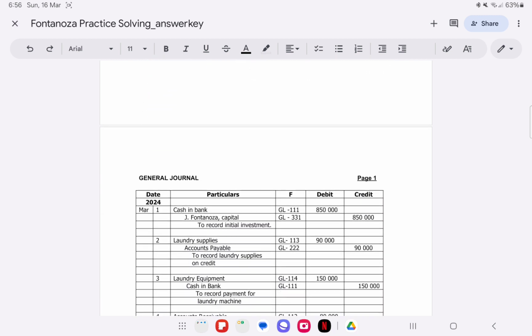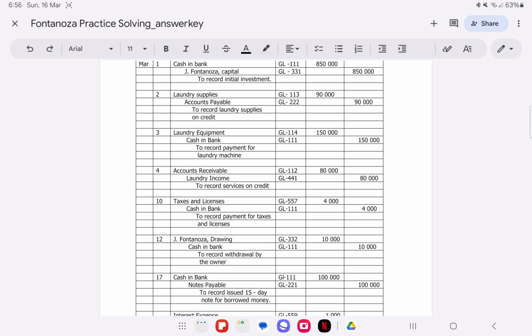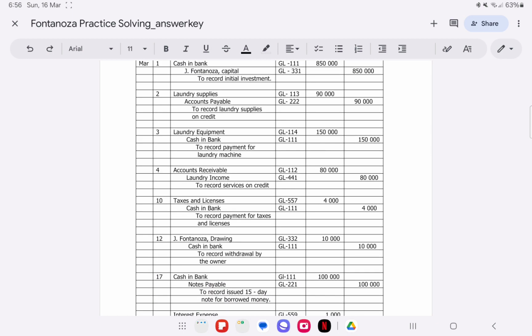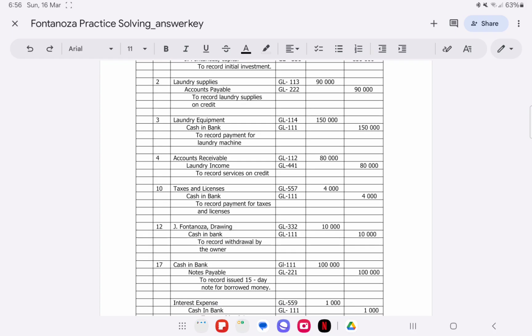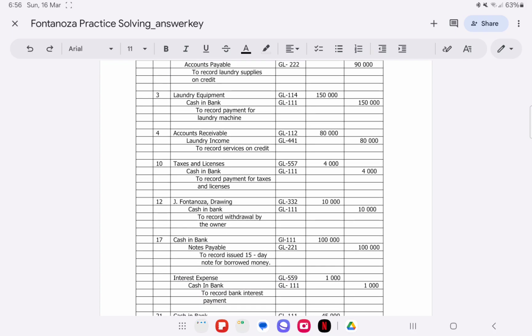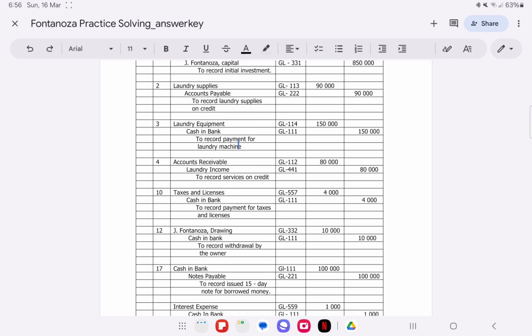So try to check. Interest expense GL 559, 1,000, cash in bank GL 111, 1,000, to record bank interest payment. Okay, so next transaction.